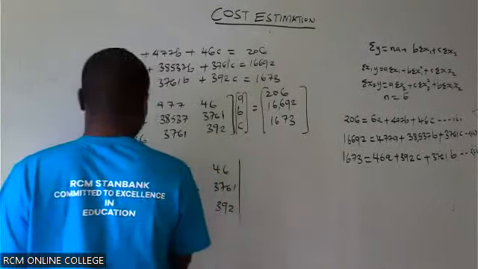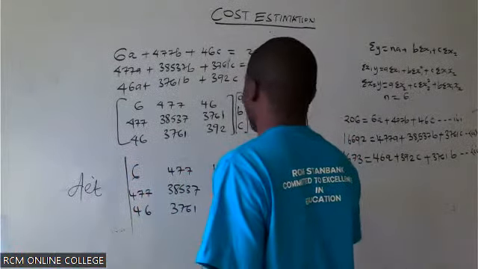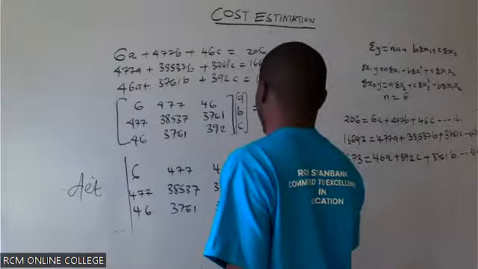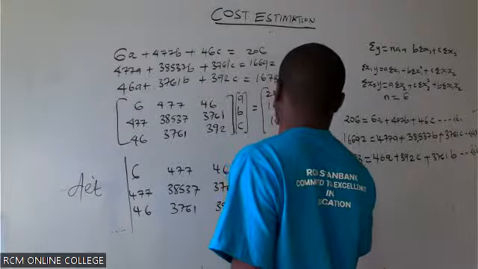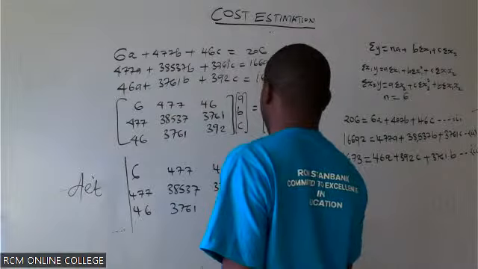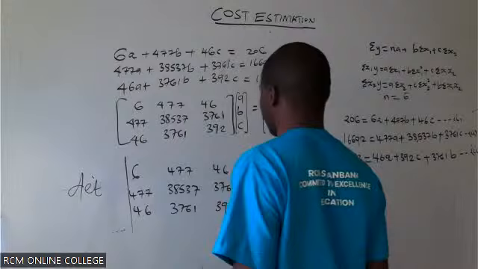After having indicated this, you take the first two rows, that is 6, 477, 46, then 477, 38,537, 3761, then 46, 3761, 392.